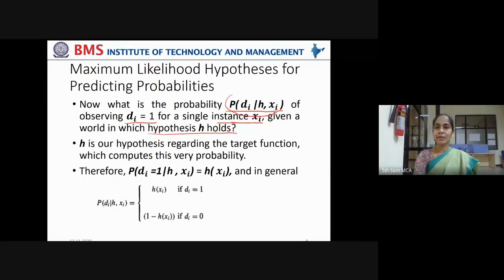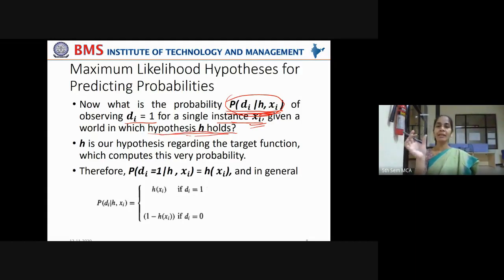This notation is being read in this way, that's all. What is the probability of observing di equal to 1? What is the probability that this becomes 1 for a single instance xi, for a training example xi, given a world in which hypothesis h holds?